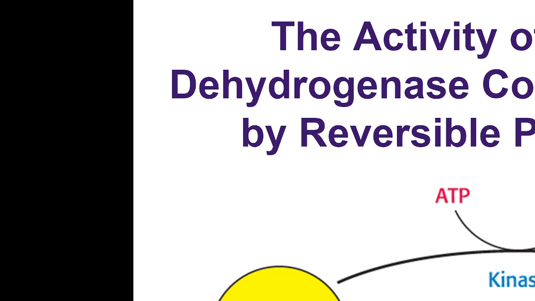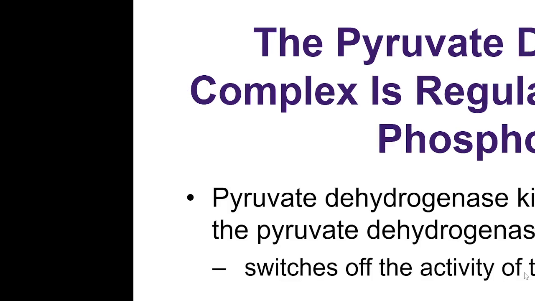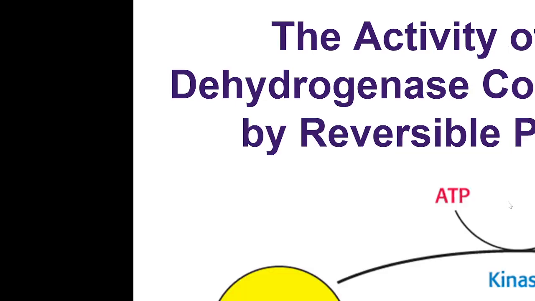All right. So this right here is the activity of your pyruvate dehydrogenase array being regulated by reversible phosphorylation. And again, here we have a kinase coming along, that's the PDK. We're using up ATP to ADP to give our phosphate group, which is then going to phosphorylate the PDH complex. That's going to give us the inactive complex.